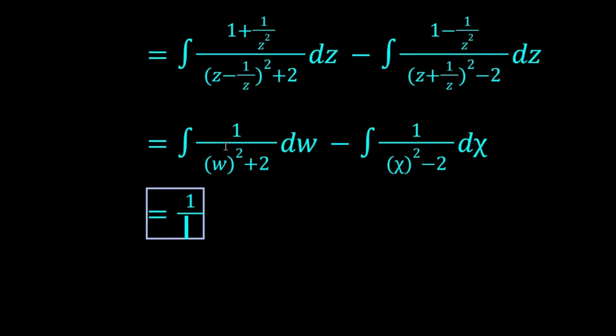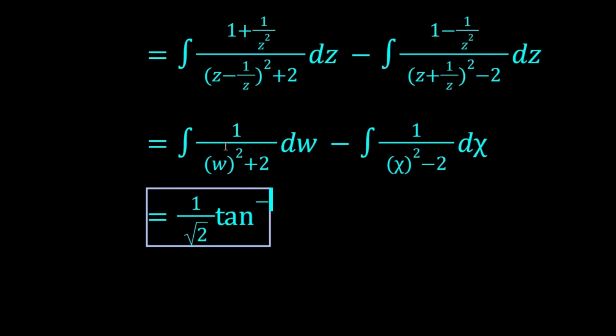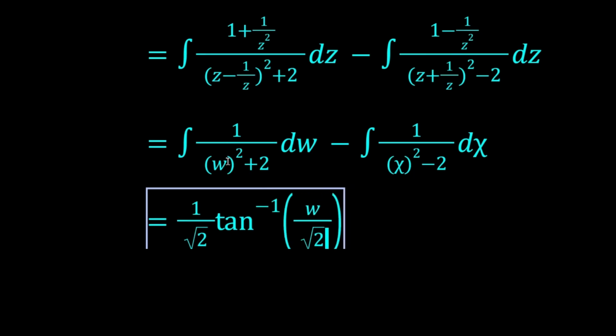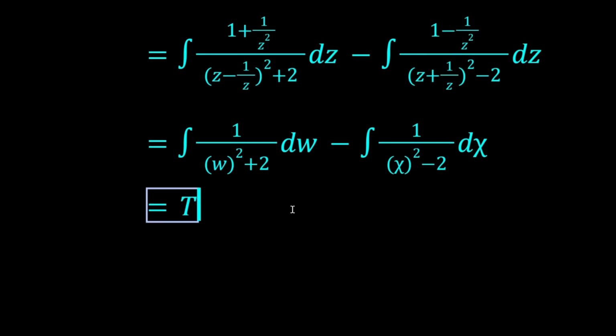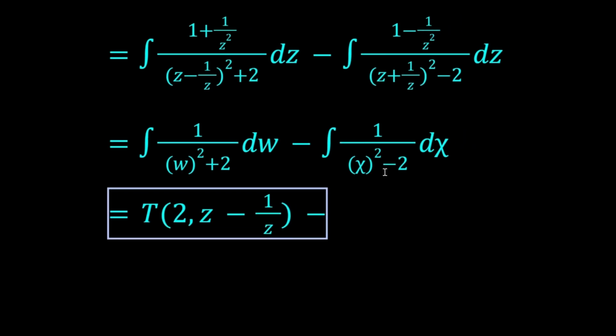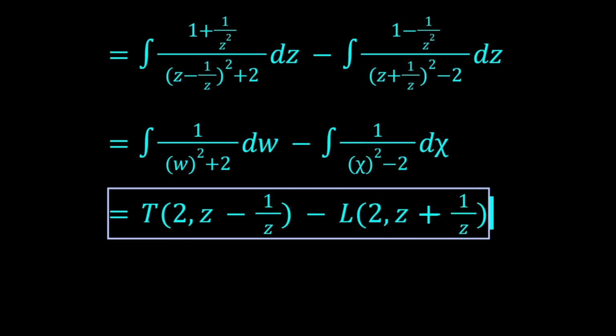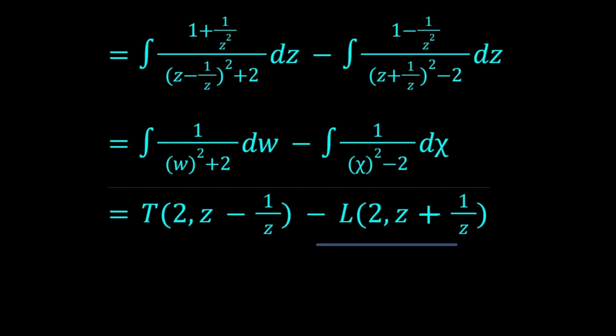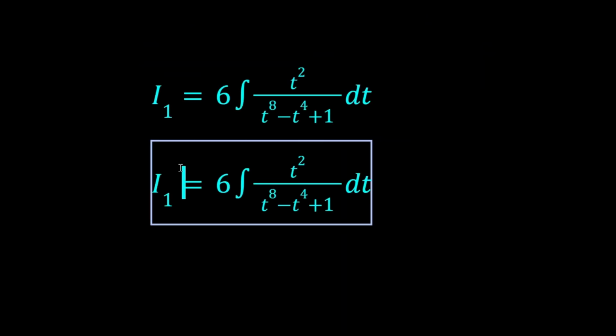So normally this would just be 1 on root 2 inverse tan w on root 2, but I don't want to have to keep writing all this stuff, so I'm just going to use the t function, t of, well, this constant here, which is 2, and then w. w was just z minus 1 on z. And this would be, well, the L function of 2, and then this chi, which is z plus 1 on z. Okay, now we're done with I2, let's do I1.